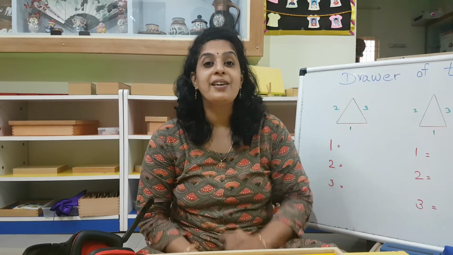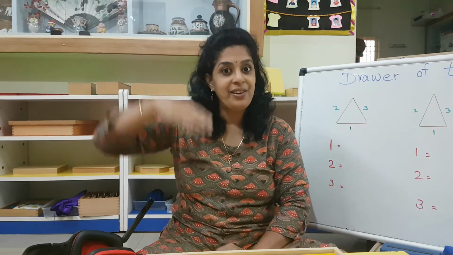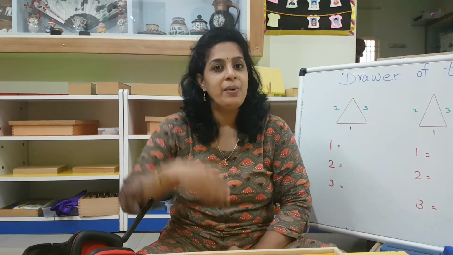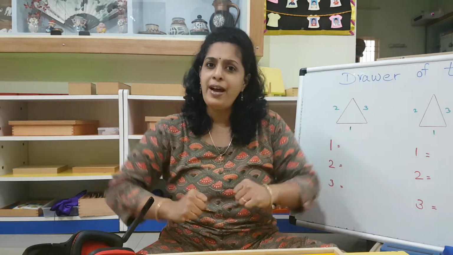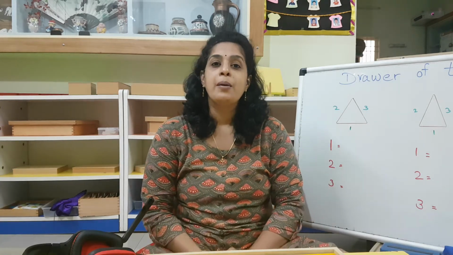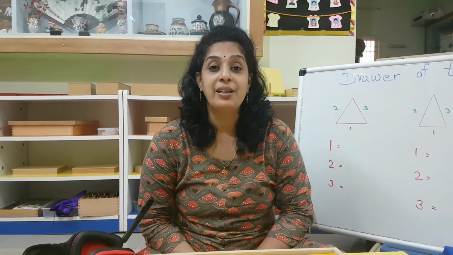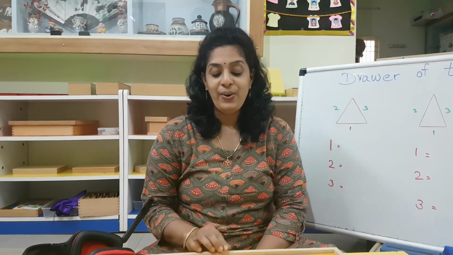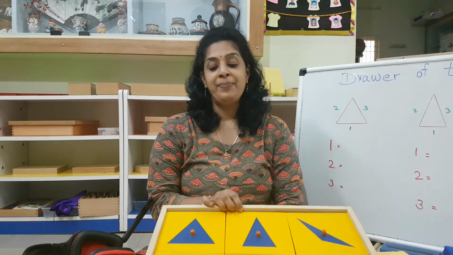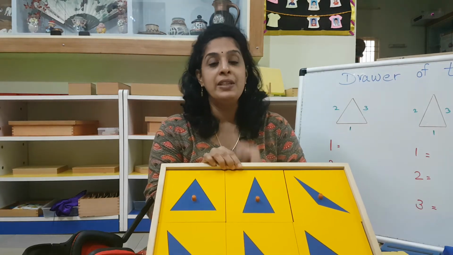Because your faces are different, your heights are different. Some are tall, some are short, some are fat, some are thin. Yes, but still you are all M2 girls, correct?